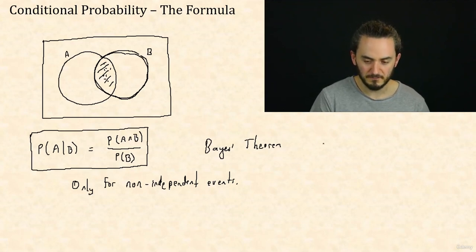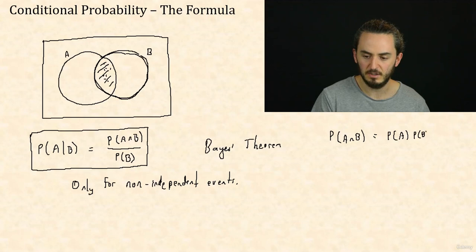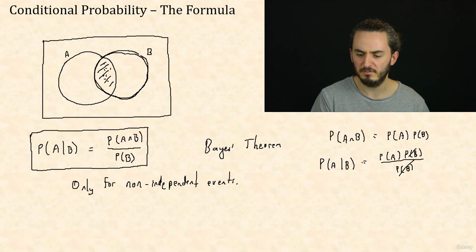Remember, for independent events, probability of A and B is probability of A times probability of B, which means our conditional probability formula becomes a little bit daft, because it's probability of A times probability of B, divided by the probability of B. But then these just cancel and we just get probability of A given B is just probability of A.